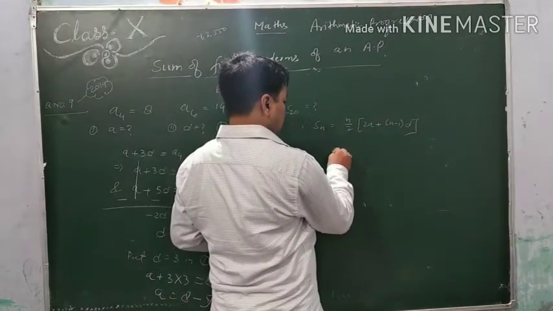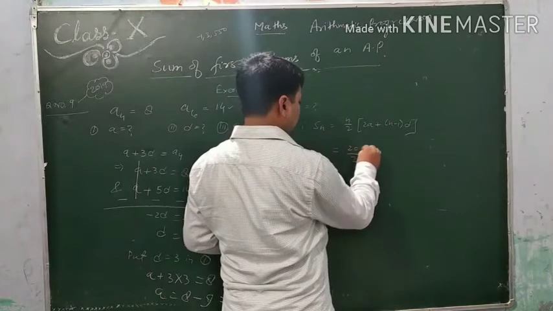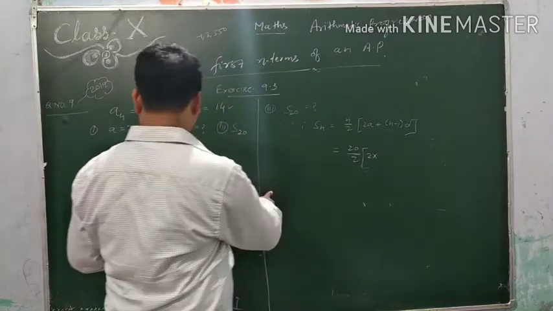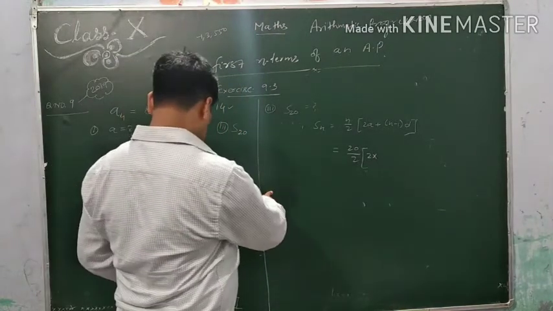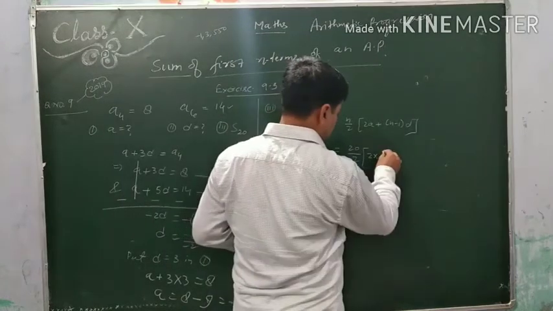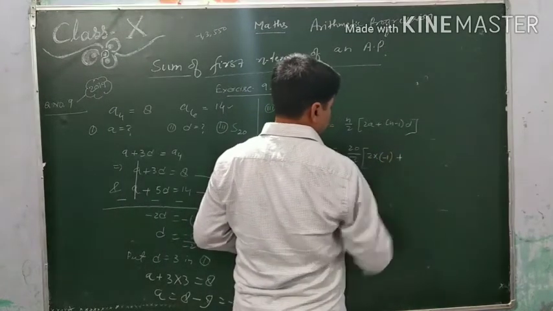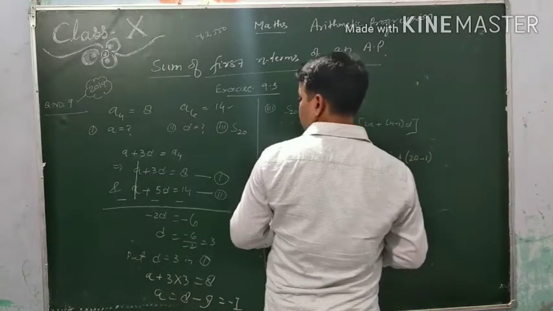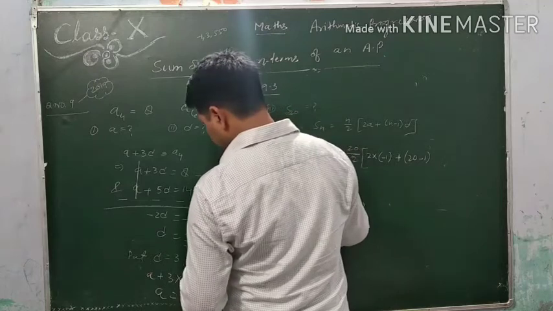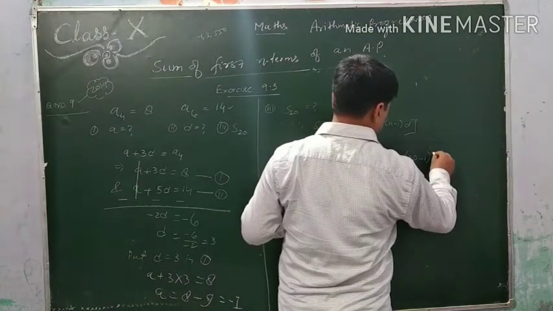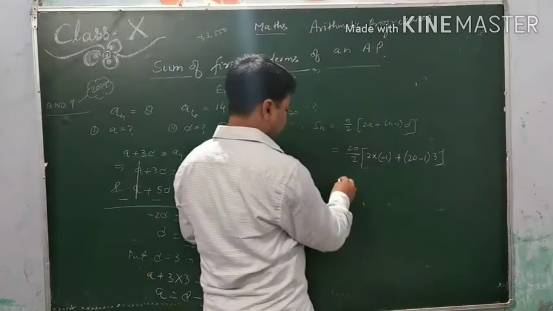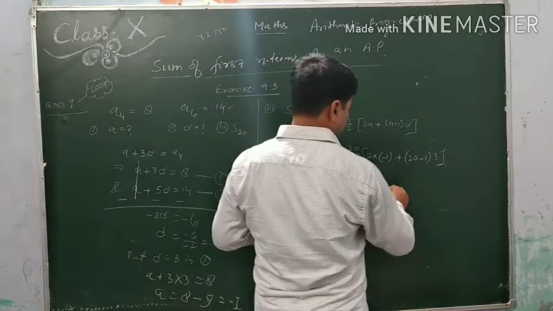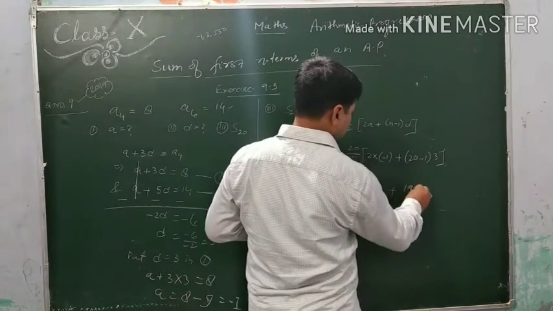So it will be 20 by 2, and here 2 into a, and the value of a we just calculated is minus 1, plus n minus 1, meaning 20 minus 1, into d. The common difference d is 3. Calculate: it will be 10, and here minus 2, and plus 20 minus 1, that is 19 into 3.